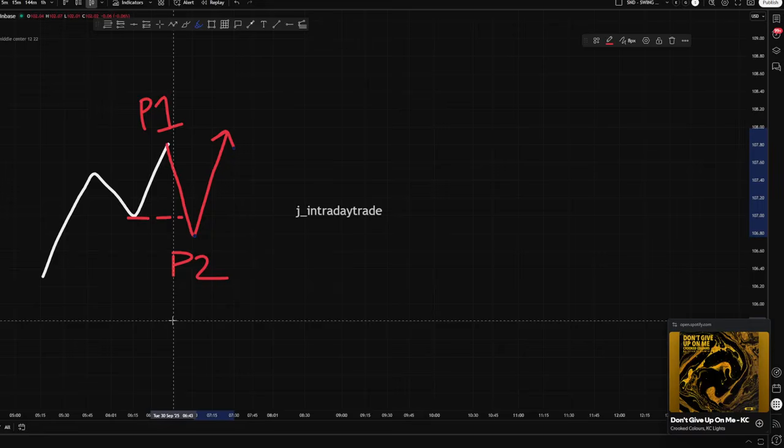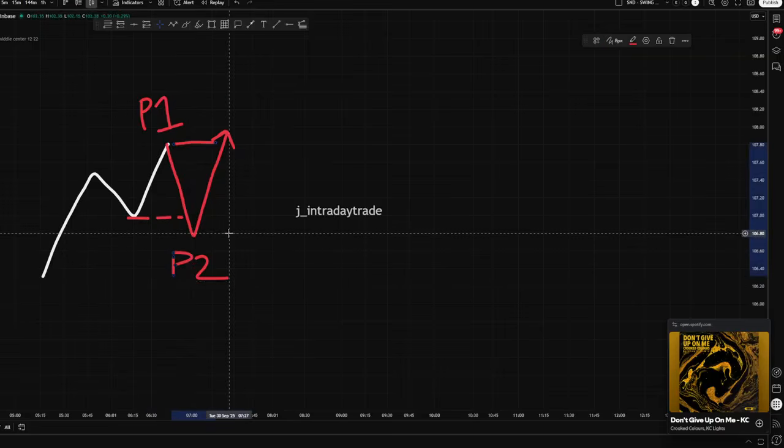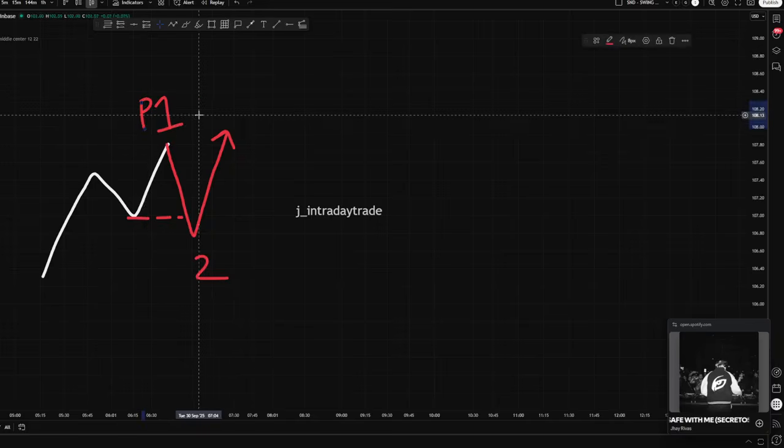We're going to talk about that more in the numbers' characteristics, in terms of higher potential trades, lower potential trades, and different characteristics between each and every number. But since that's the P2, as soon as we sweep this high, we officially have a 2 that has been created.